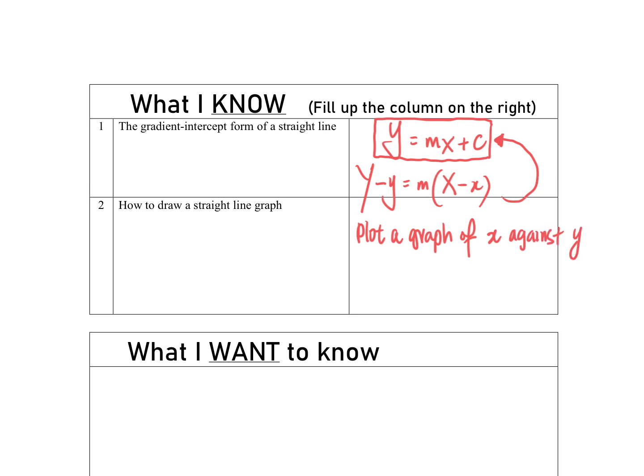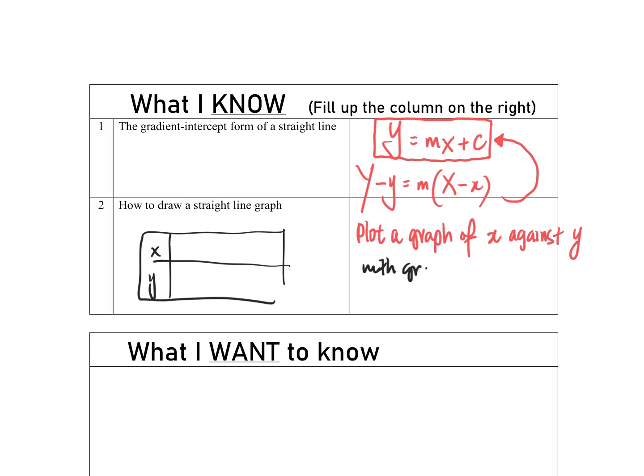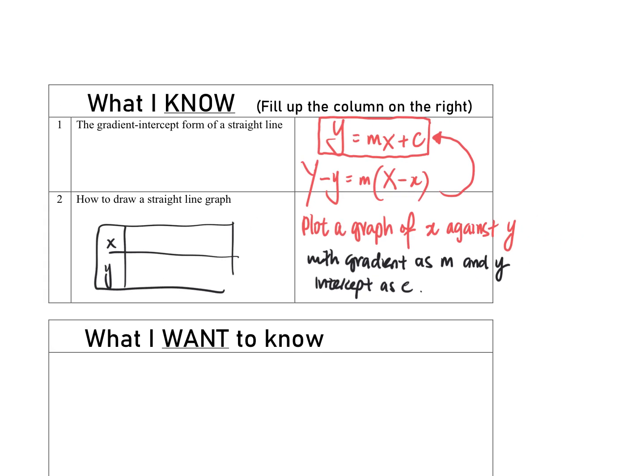That means you will put your table of values, then all your x values, you plot against your y values, okay, with gradient as m and y-intercept as c.